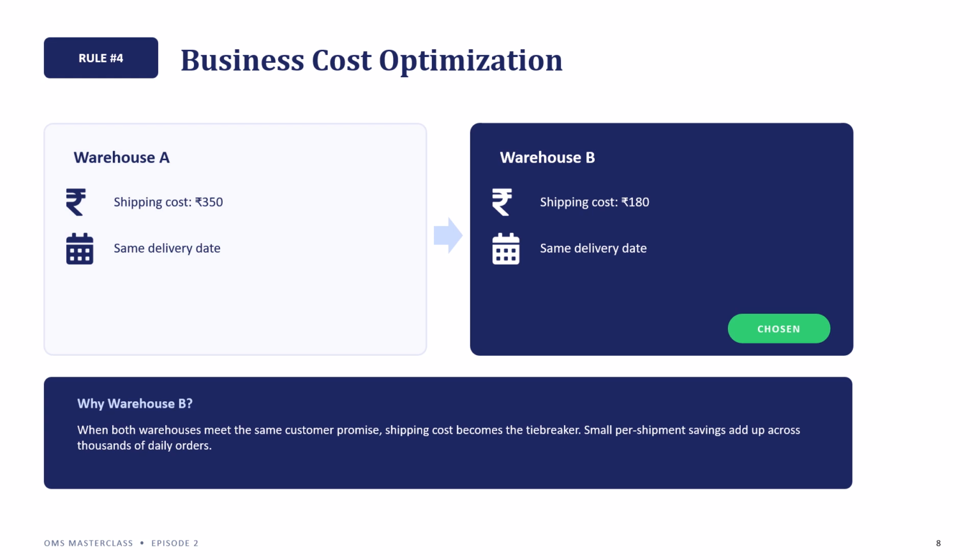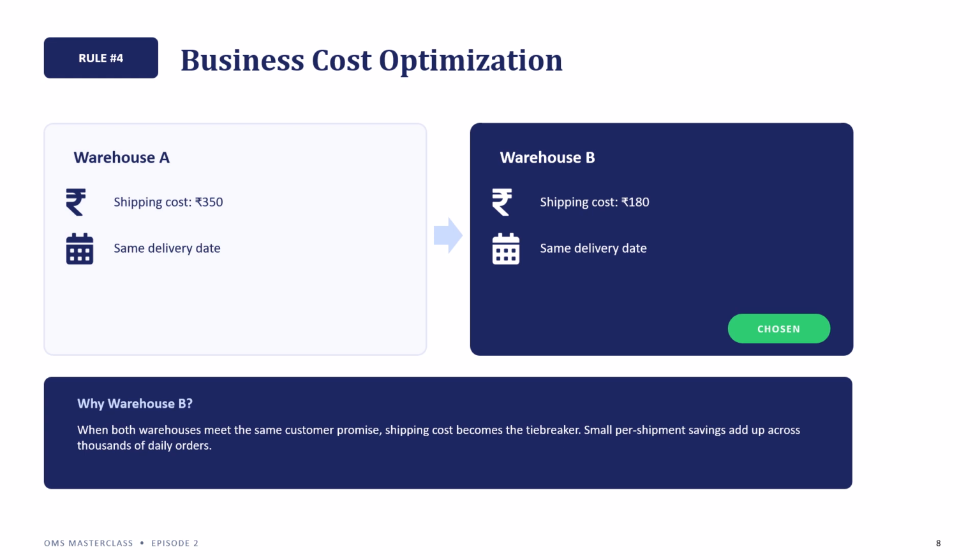Imagine that both warehouse A and warehouse B have inventory and both are capable of delivering Arya's order by tomorrow. At this point, the customer experience will be the same regardless of which warehouse is selected. So how does the OMS make the final decision? This is where business cost optimization comes into the picture.